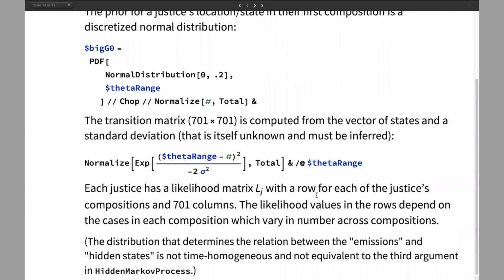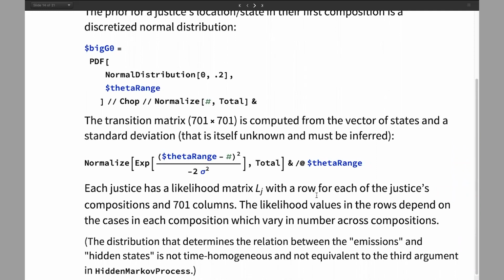It's easy to fix that. Just add something to it and allow it to turn either of the two forms, one of which has a matrix and the other of which has a list of distributions, and put it into the forward-backward algorithm and get samples. That's no problem. The problem is that there's still more structure built into, or required by, HiddenMarkovProcess that we don't have. Remember that some of these compositions have lots of years and hence lots of votes in them, and some of them don't have so many.